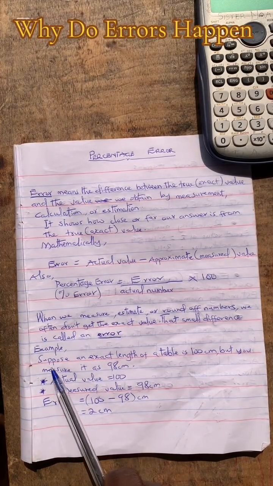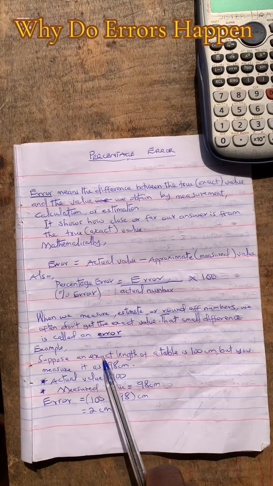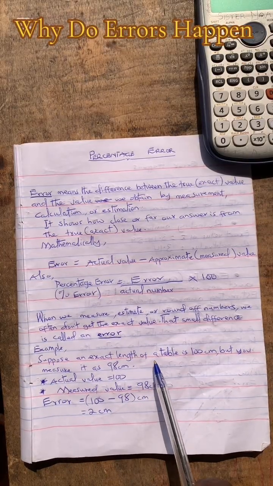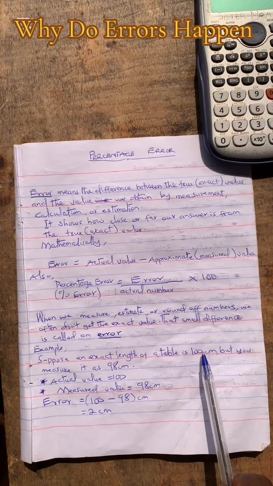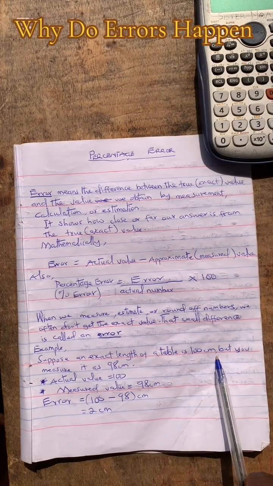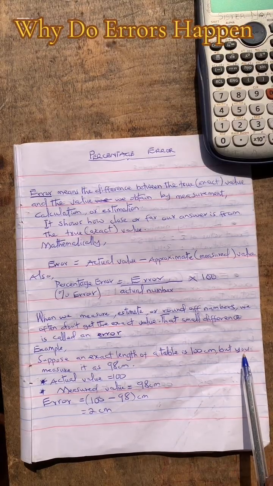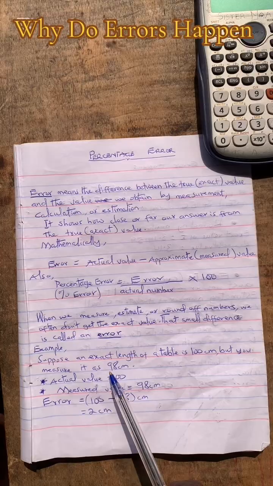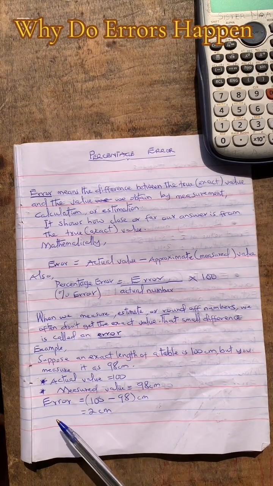Example: suppose the exact length of a table is 100 centimeters, but you measure it as 98 centimeters.